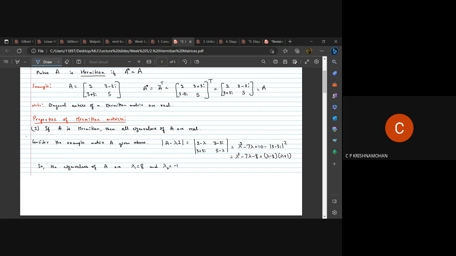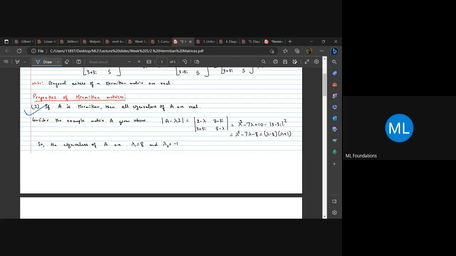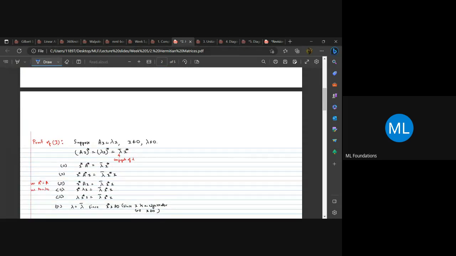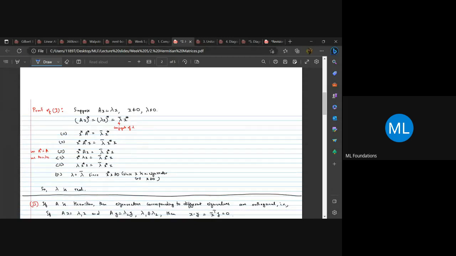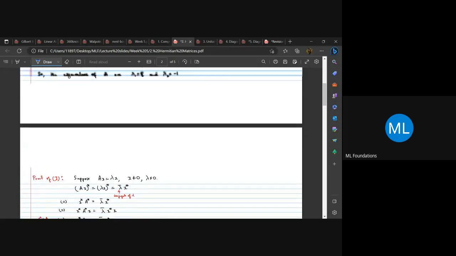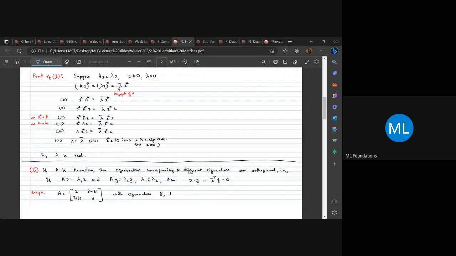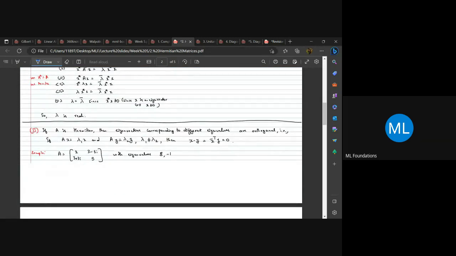So, if you have a Hermitian matrix, the first property is that all the eigenvalues will be real. The proof is also given in the lecture, but right now we will not look at the proof, so just remember the property. Second, if you have a Hermitian matrix, then eigenvectors corresponding to different eigenvalues will be orthogonal.